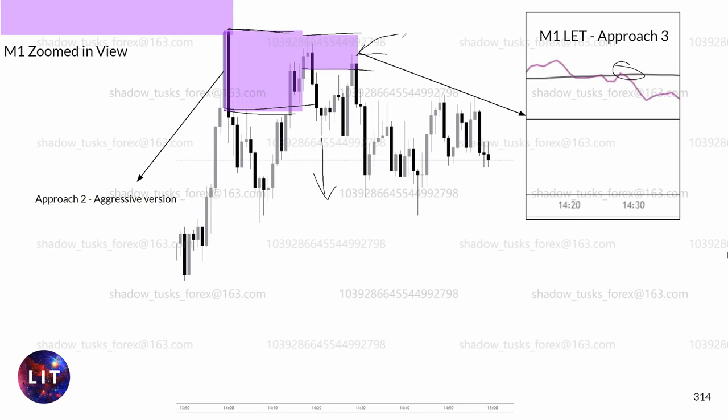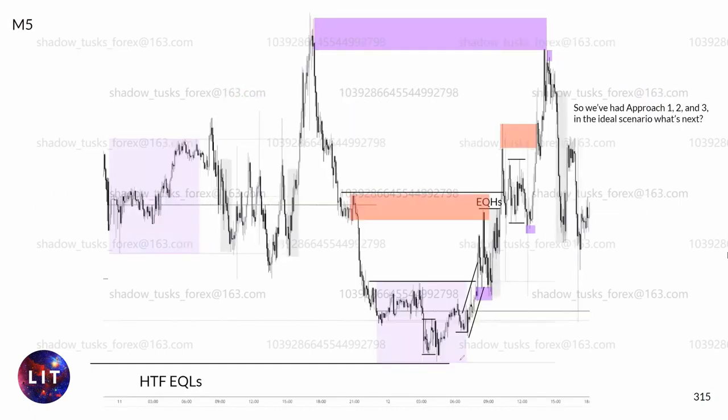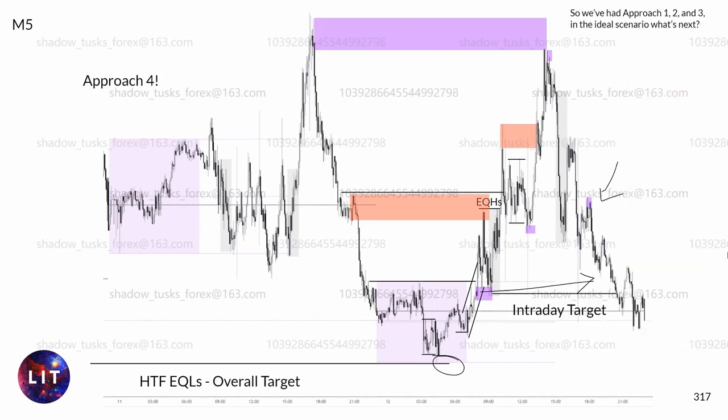That's your approach 3. Take the trade all the way down, hold it to at least your next liquidity point. We know that that's this, but obviously we're getting towards the end of the day. So the next best target is right here. And there you go. Smacks down. Okay, all of that should make sense.